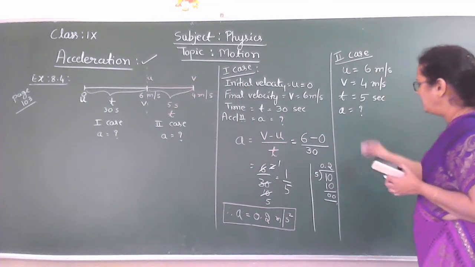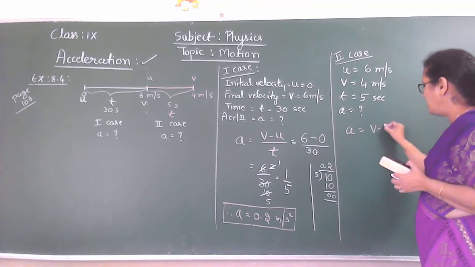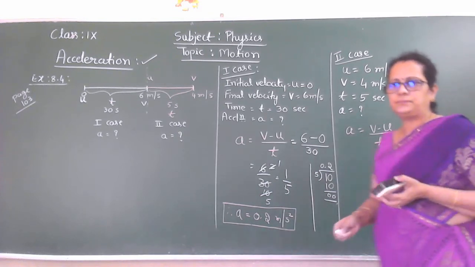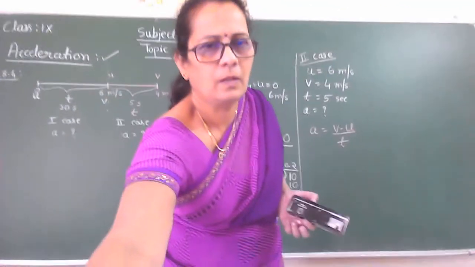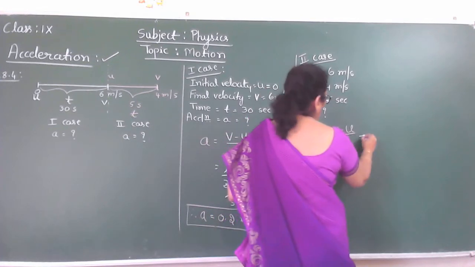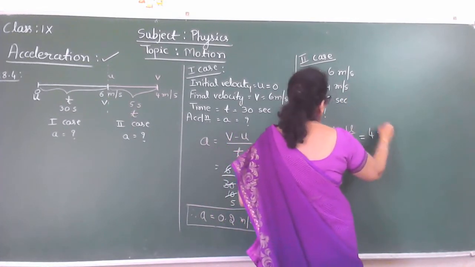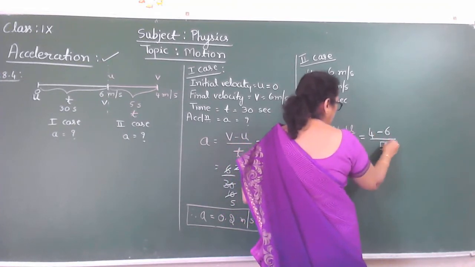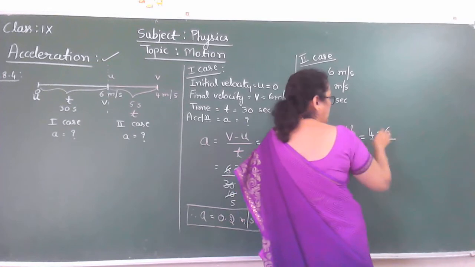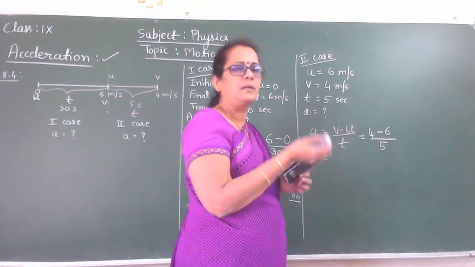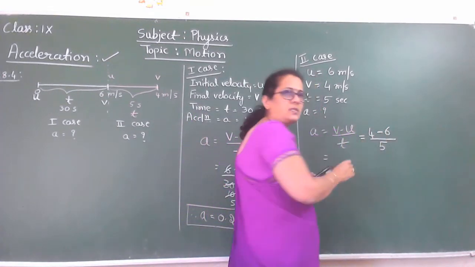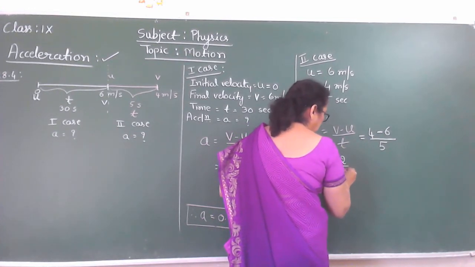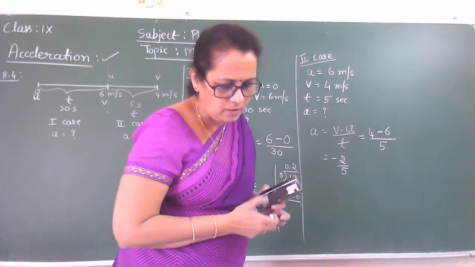So what is the formula? a equals v minus u divided by t. Substitute the values. What is v here? 4. What about u? 6. Then time is 5. 4 minus 6: you can't subtract, but 6 minus 4 is 2, and put the minus symbol, then it is 5.